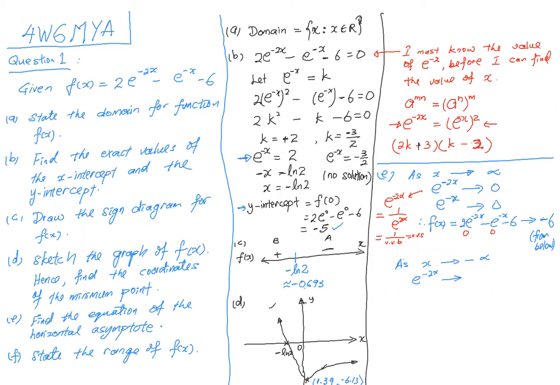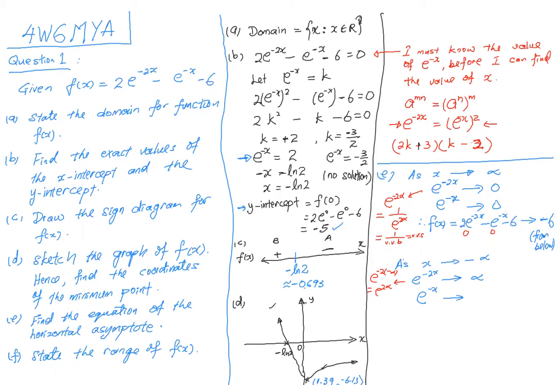Why approach 0? You tell me. You look, my x approaches negative infinity, young man. Negative times negative becomes positive. So it approaches what? It approaches infinity. Same goes with e to the power negative x.